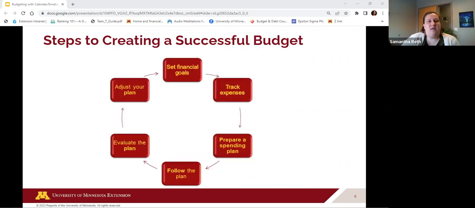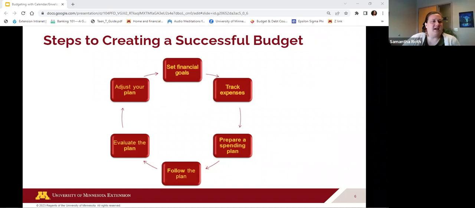We always want to share this at the beginning, just some steps to creating a successful budget. Of course, set your financial goals, track expenses. That's what we're really going to talk about today. Once you have an idea of what those expenses are, go ahead and prepare your spending plan. Then follow the plan. That's the tricky part. Then come back and look at that plan and decide, did we track our expenses correctly?